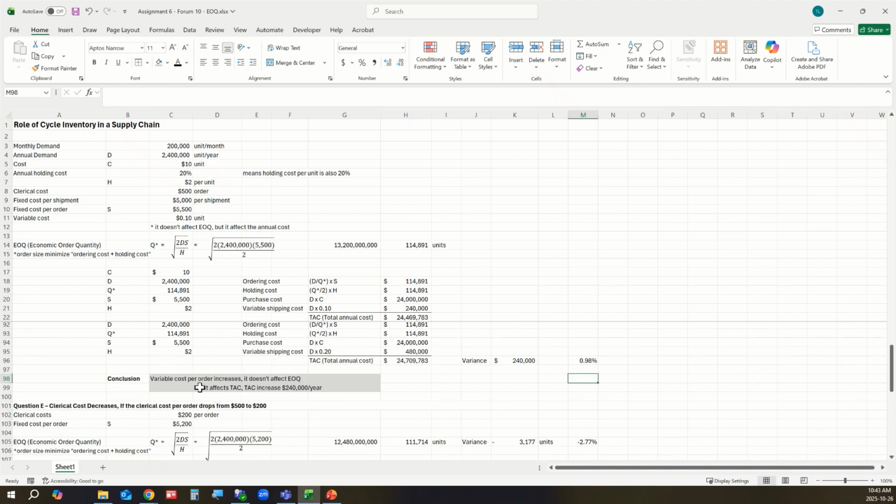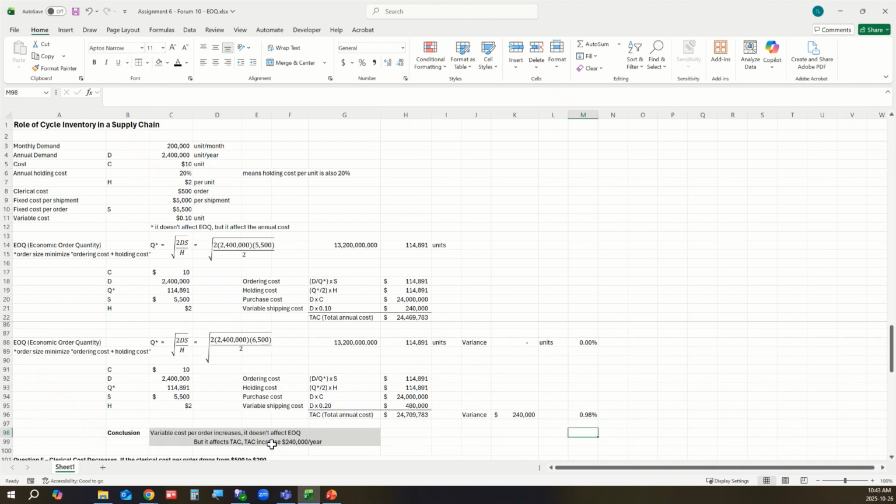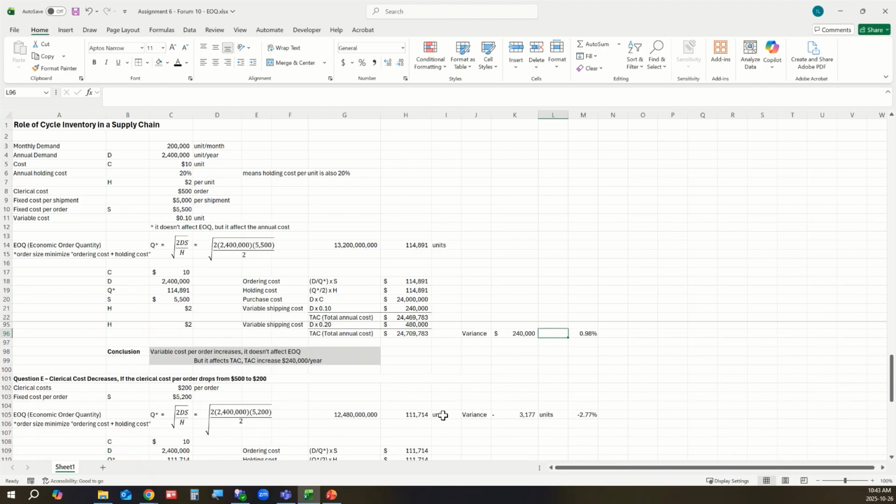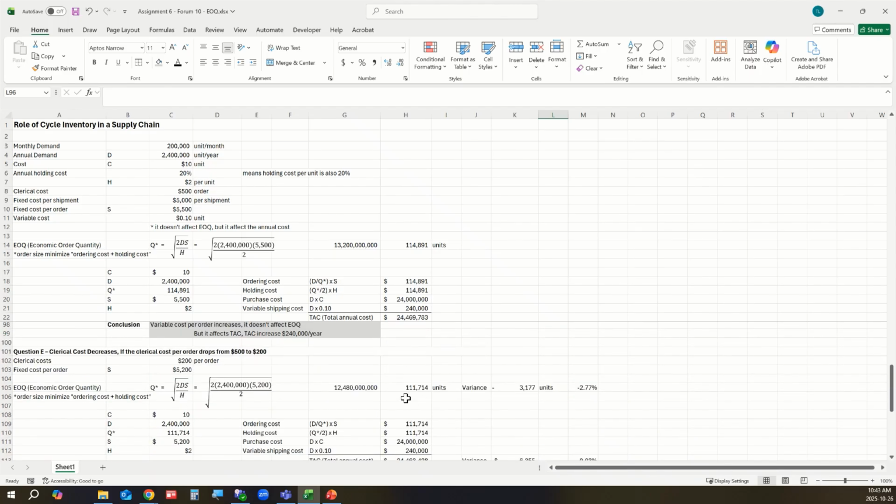So if the variable cost increases, it does not affect the order quantity, but it will affect the total annual cost. And the total annual cost increased by 240,000 per year. We can see. So we finished question D.